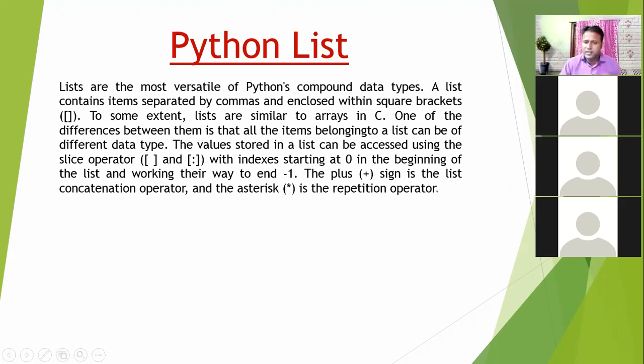You can say it is a type of array in Java or other languages, and you can represent a list using square brackets. If you want to access any element, then we pass the index number. If you want to access all elements, then we use a colon.